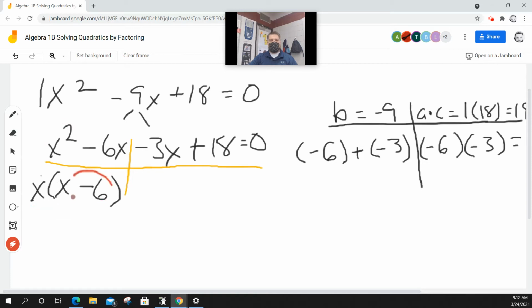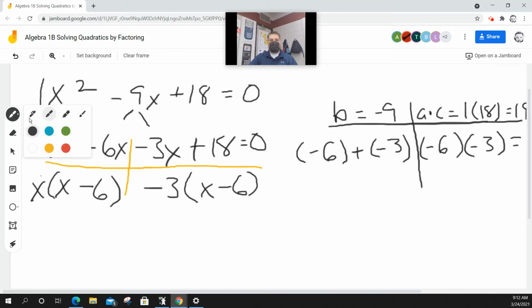X times negative 6 does equal negative 6x. Now, if this is factorable, I should be able to factor something out that leaves me with x minus 6. Now, I think if I factor out a negative 3, that would work. So let's check. Negative 3 times x is negative 3x. Negative 3 times negative 6 does equal positive 18.